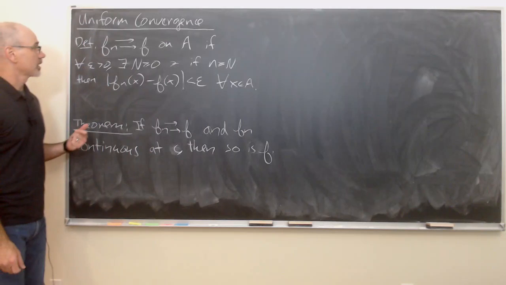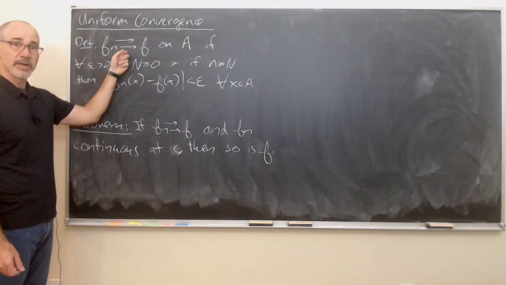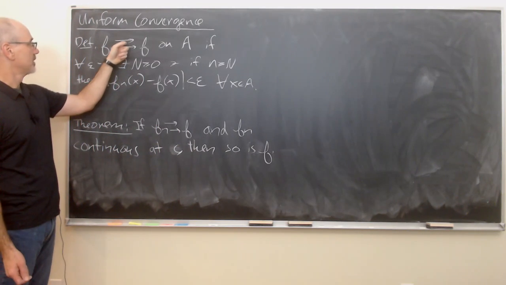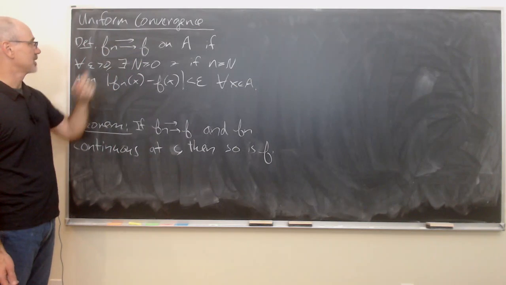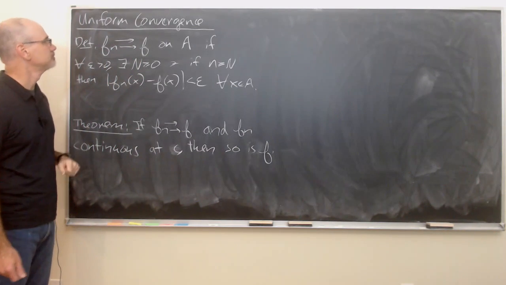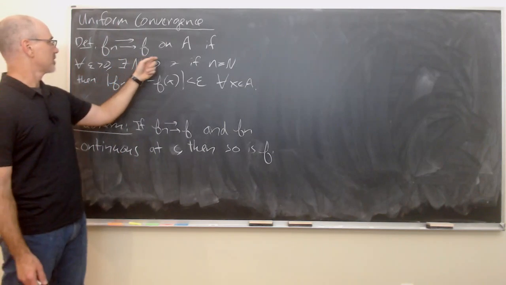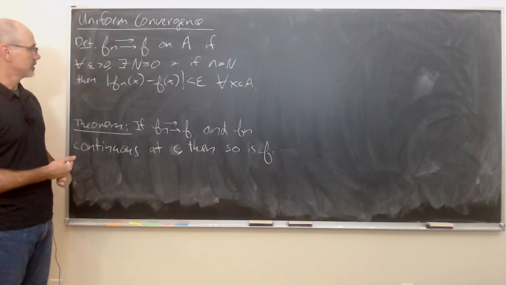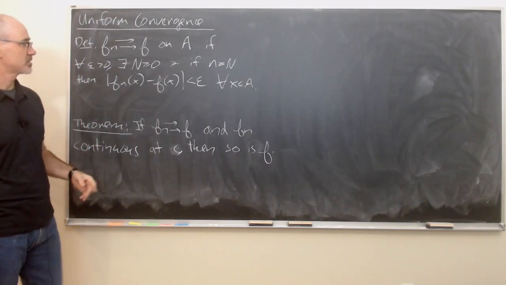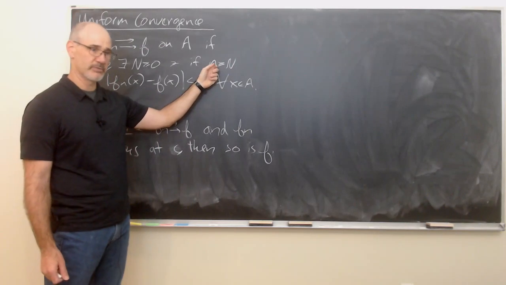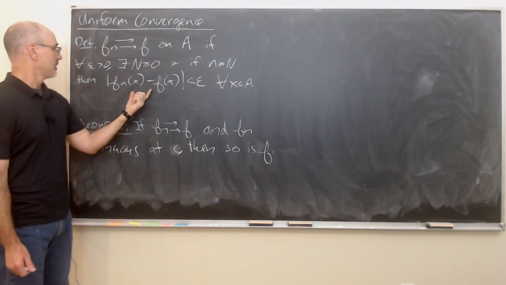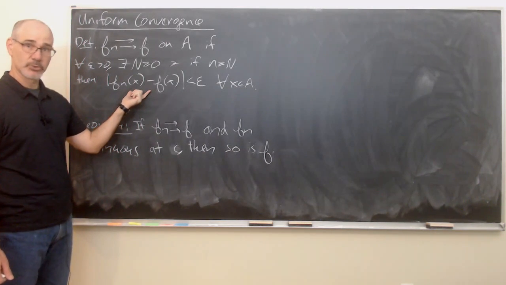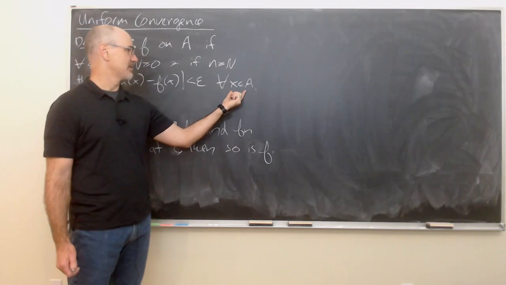All right, so first off, we're going to denote uniform convergence with a double right arrow. I don't know that that's standard notation, but I like it because it emphasizes that f_n is converging to f, but it's doing it in a stronger way, right? We have double arrows. So we say f_n converges uniformly to f on A if for every epsilon bigger than 0, there's some capital N, such that if we go far enough out in the sequence, so if n is bigger than or equal to capital N, then we've made f_n within epsilon of f, and here's the crucial part, for all x in the set.